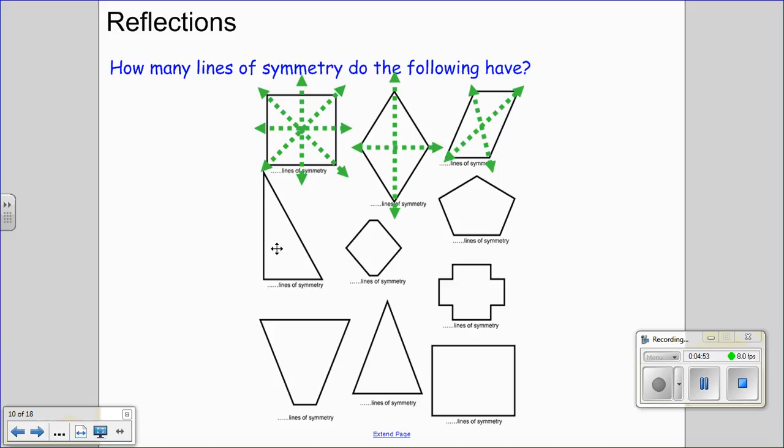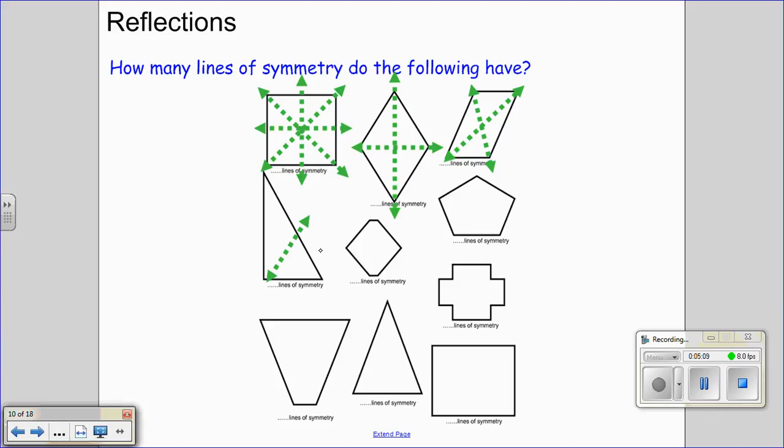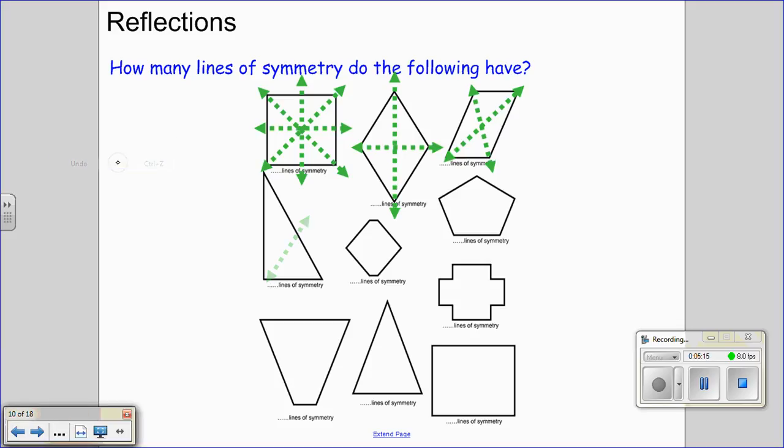Now for this triangle, it has no lines of symmetry, because if I go from this vertex here, those 2 sides are not the same. They have to be completely identical. Therefore, the triangle has no lines of symmetry. It is possible for a figure to not have a line of symmetry.